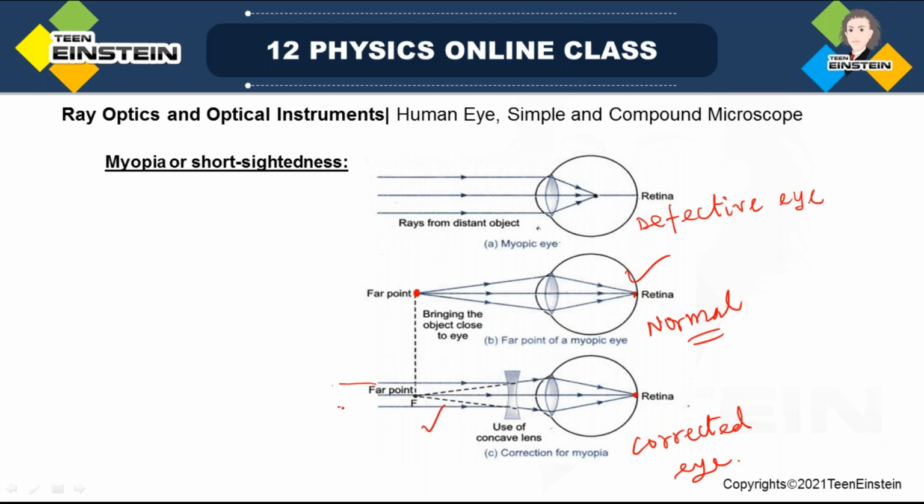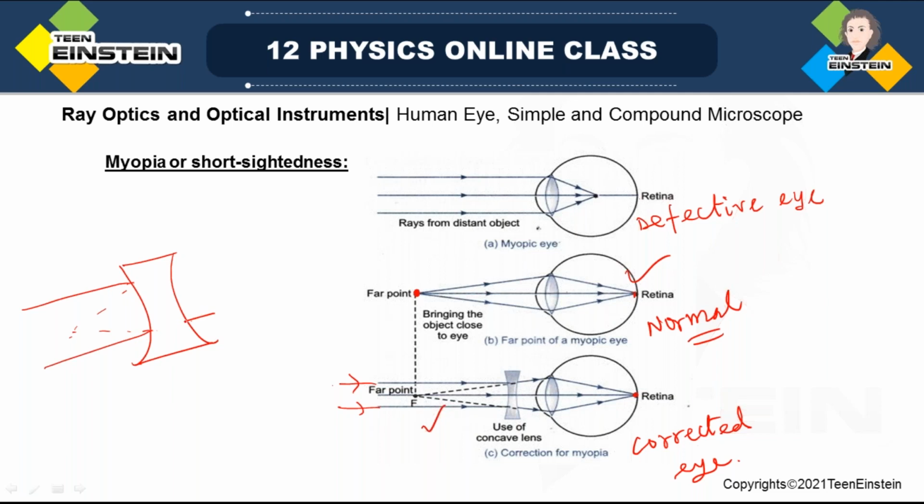Because your parallel rays, that means rays coming from a very far object, upon refraction by the concave lens, what happens after refraction?